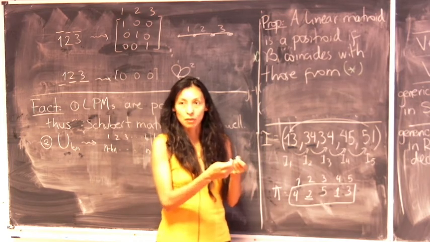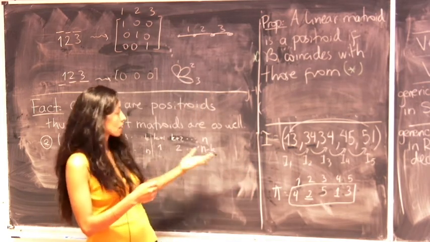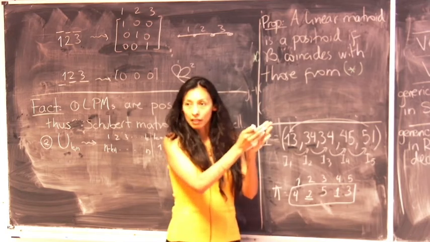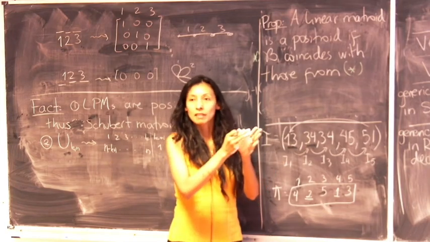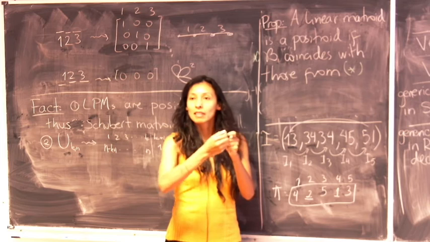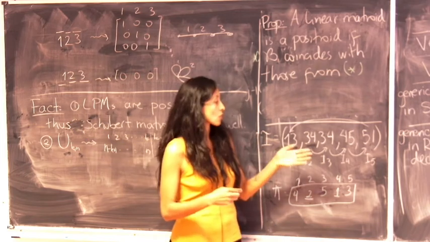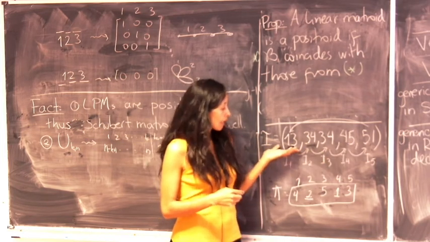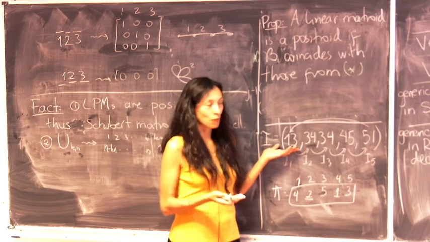What n possible orderings? The ones we had before: the canonical one, then the one that cyclically shifts 1 to the end, then cyclically shifts 2 to the end, and so on. So that's another way of defining positroids.